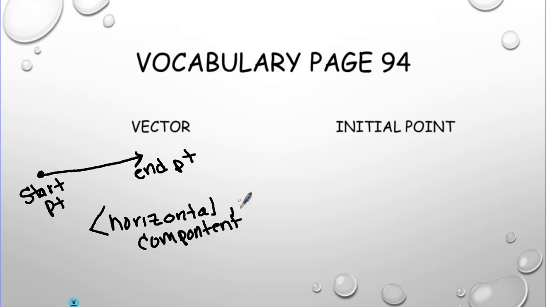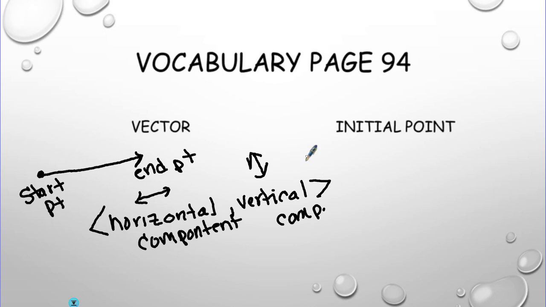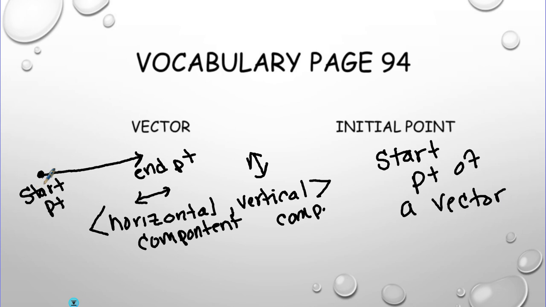And this part here is what we call the vertical component. And that means this goes left or right, and this one goes up or down. And you could tell with the numbers, okay? The initial point is the starting point of a vector. Like this piece right here, this is the starting point.